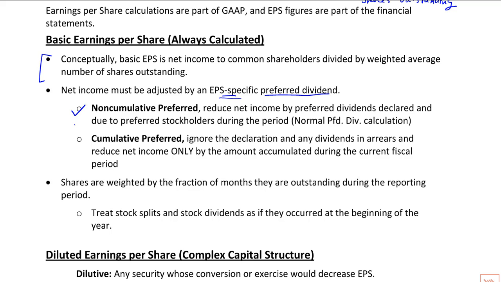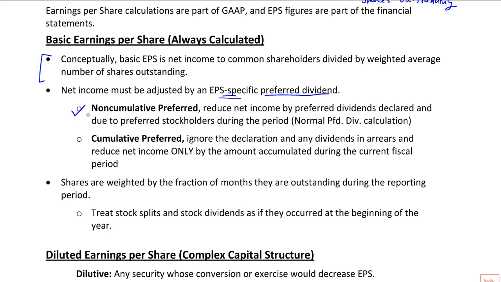If the preferred is non-cumulative, you're going to reduce net income by the actual preferred dividend declared and due to preferred stockholders. So if it's non-cumulative, then do your normal preferred dividend calculation that you would do if you were calculating what preferred dividend the stockholder is getting.